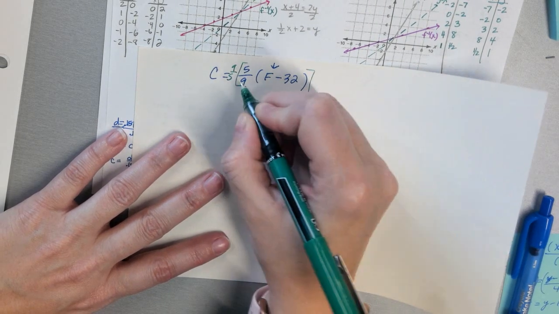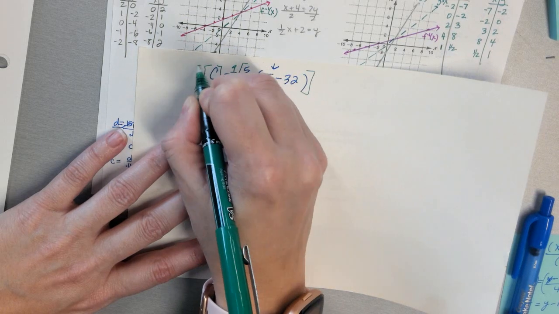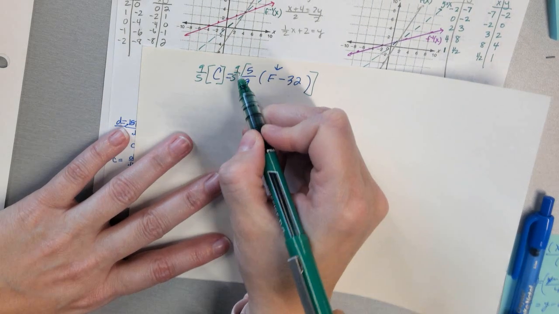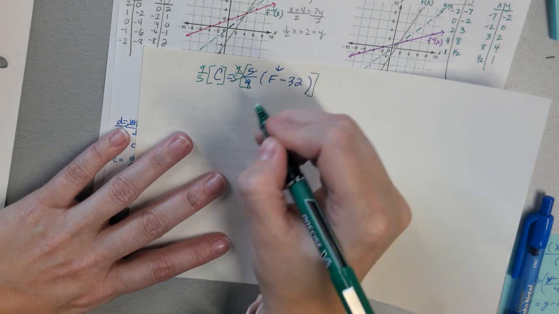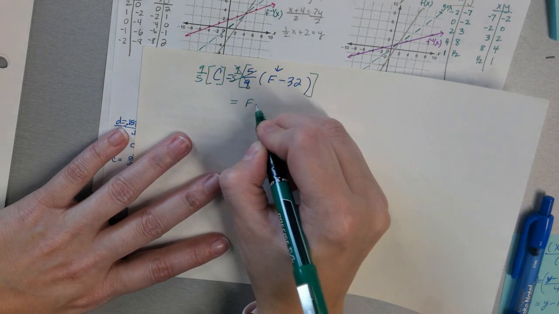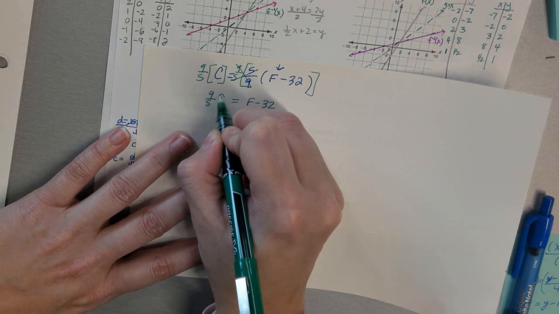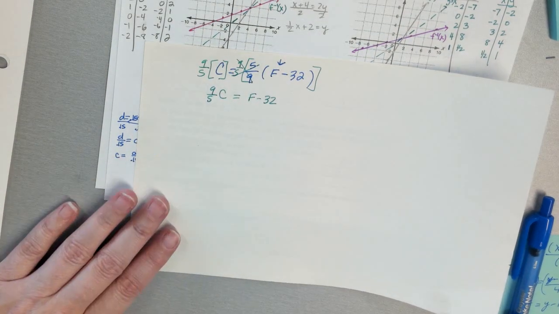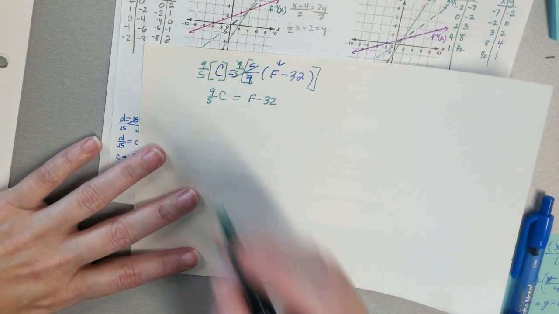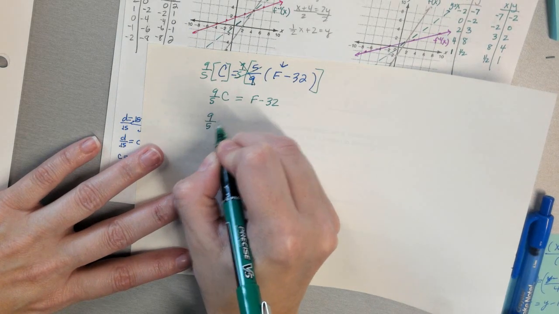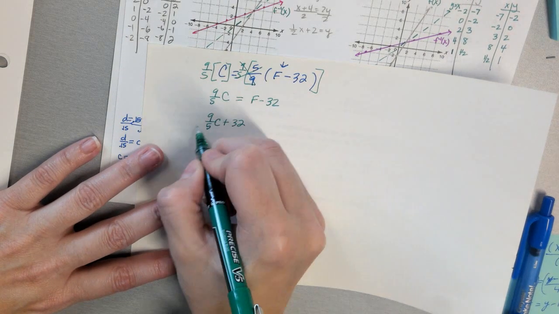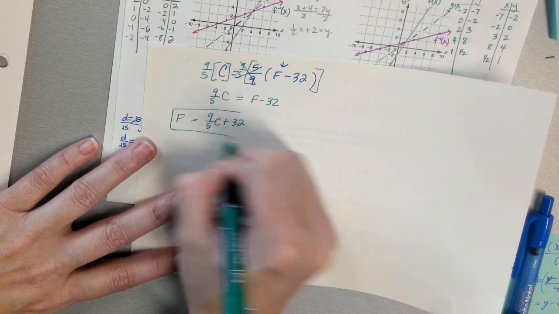Which is the same as dividing by that, but less to think about, right? Because if I multiply, 9 and 9 cancel, 5 and 5 cancel, now I just have F minus 32 over here, and this is just 9/5 times C. Okay, and then what's my final step? Yeah, okay, so this is now my new equation.